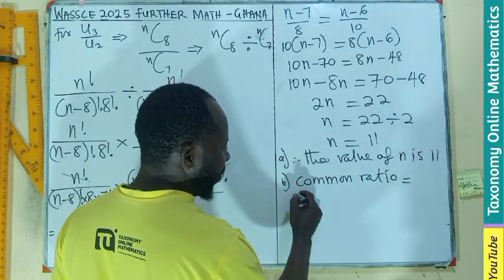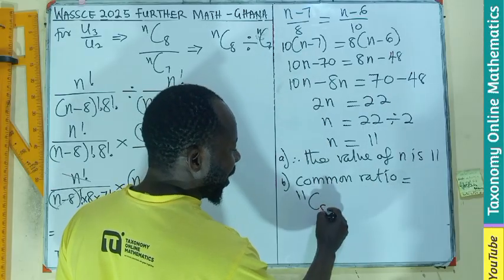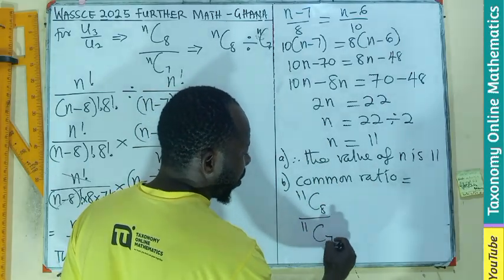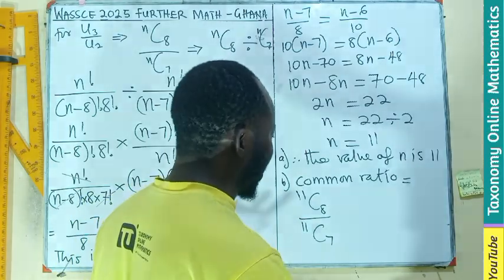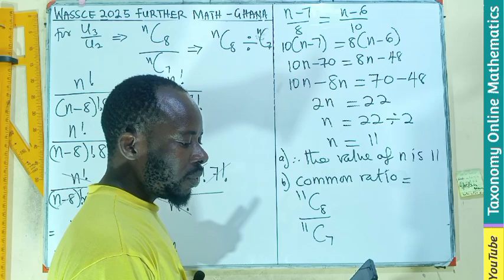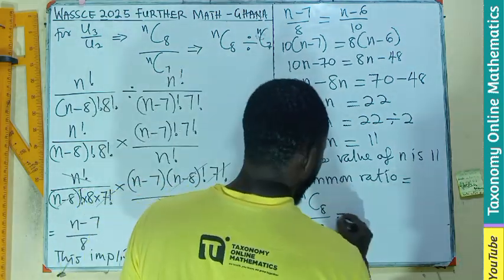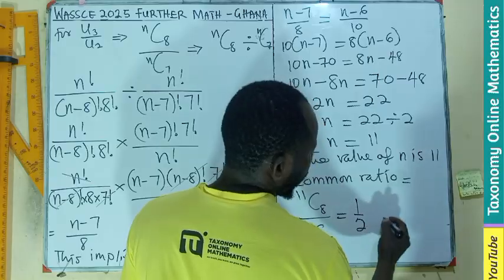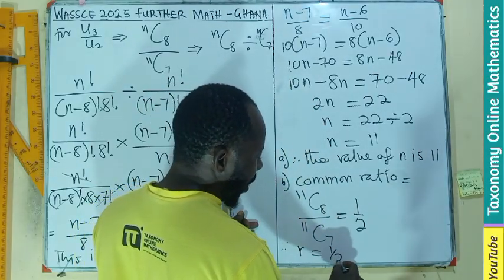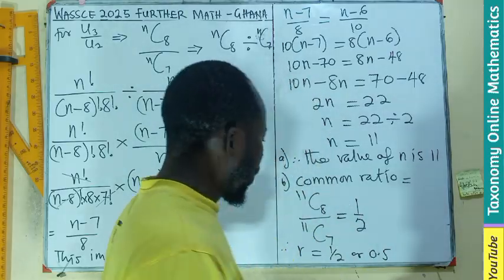The 11, which is the n, becomes 11 combination. The third term is 8 divided by 11 combination 7. We can check that on our calculator. And if you put that in your calculator, you should be having 1 over 2. So therefore, the common ratio is what? 1 over 2 or 0.5.